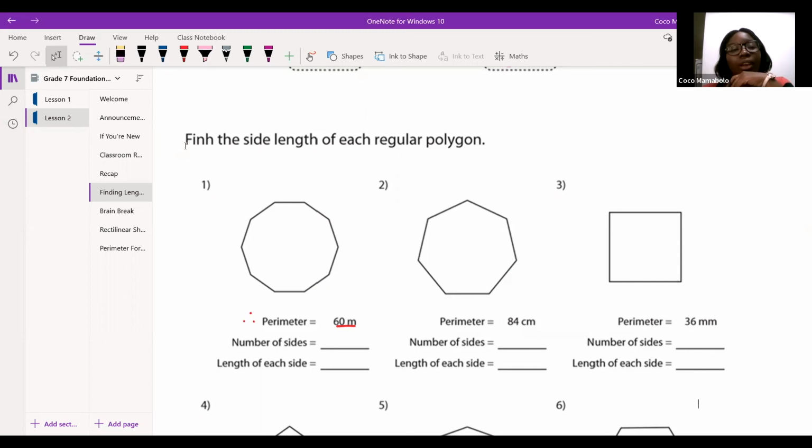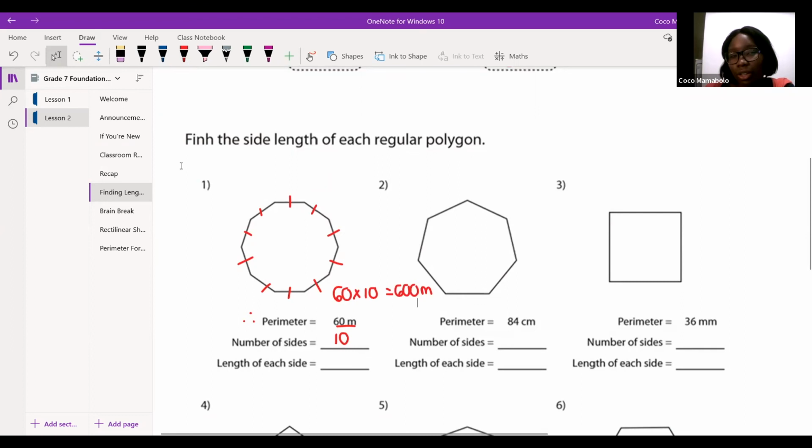And you know the numbers of the sides, miss. Okay, so how many sides do we have? I've got 1, 2, 3, 4, 5, 6, 7, 8, 9, 10 sides. So if I have 10 sides, I'm going to go 60 times 10, which is going to give me 600 meters. Is that what we're doing? Yes, miss.